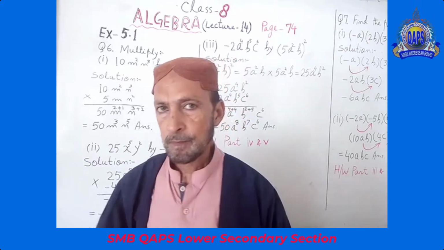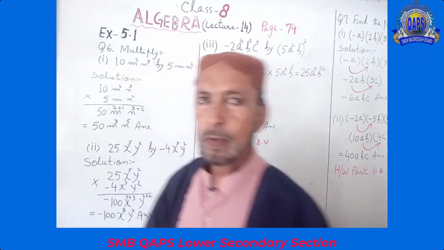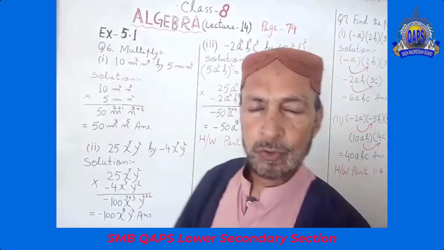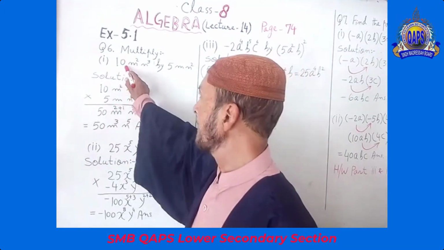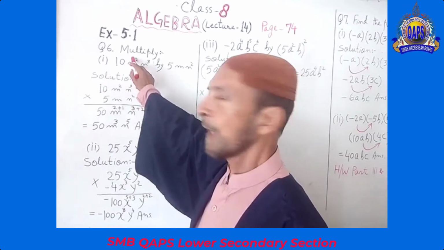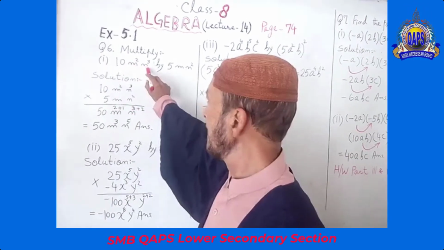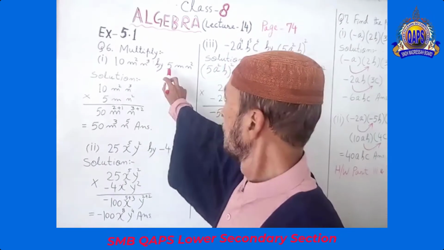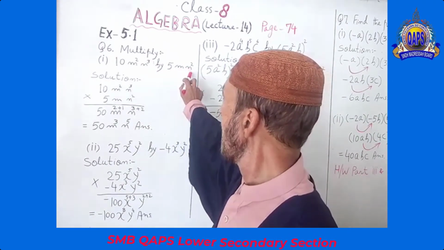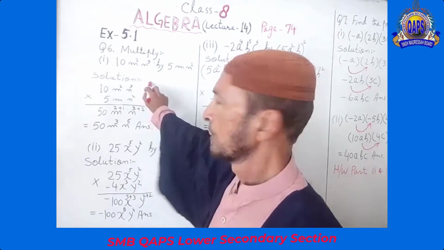This is the topic. So have a look. Question number 1. 10m power 2 and power 3 multiply by 5m and power 2. Solution.